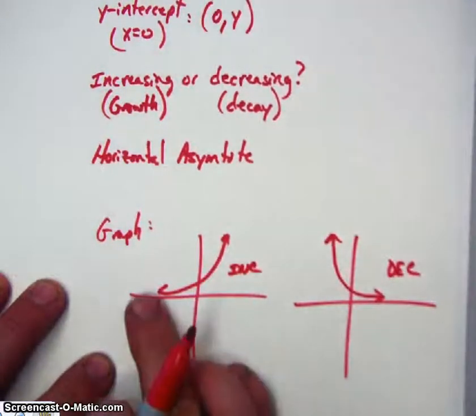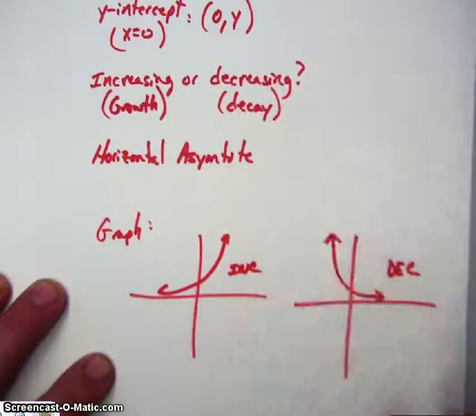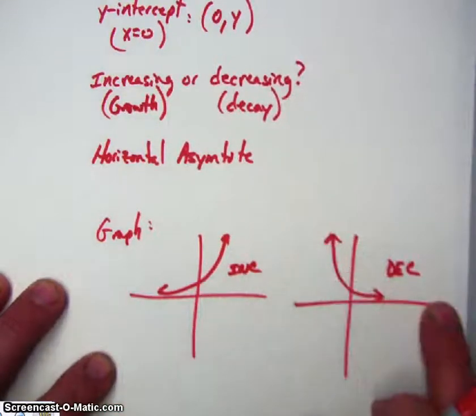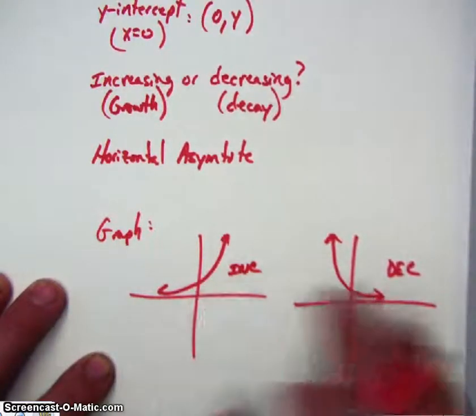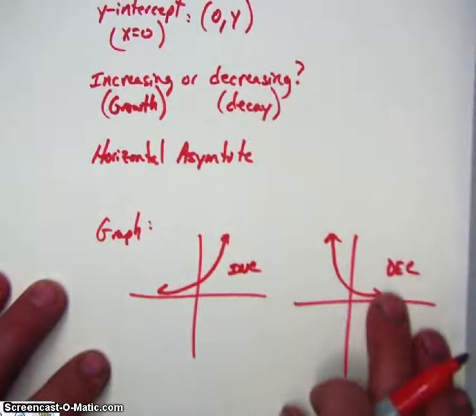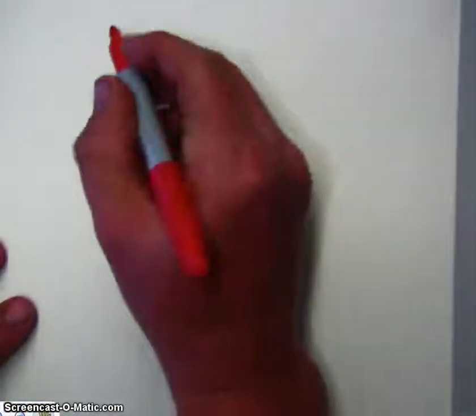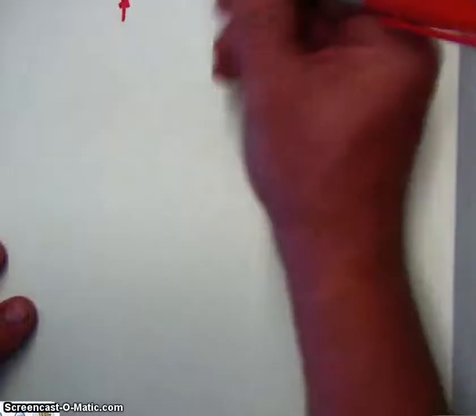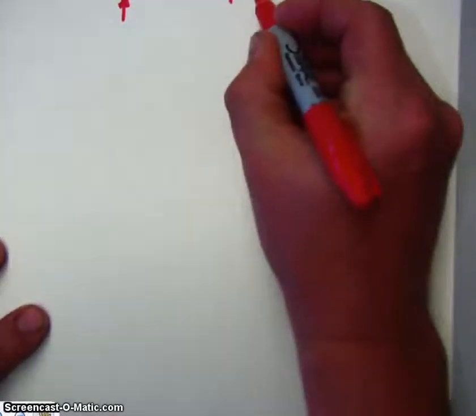Because remember, you go from left to right, and as I go from left to right, I'm increasing. If I'm going from left to right, I'm decreasing. So your graph is going to look like one of these two forms. The first thing you know, if it's increasing or decreasing, you look at that term. Remember, y equals ab to the x. In other words, a.